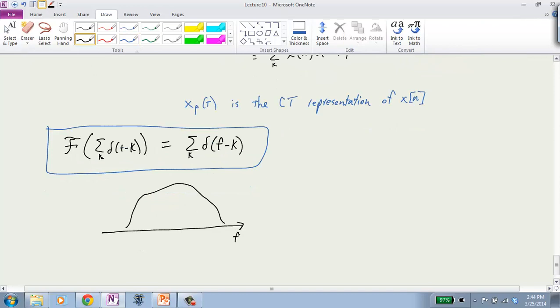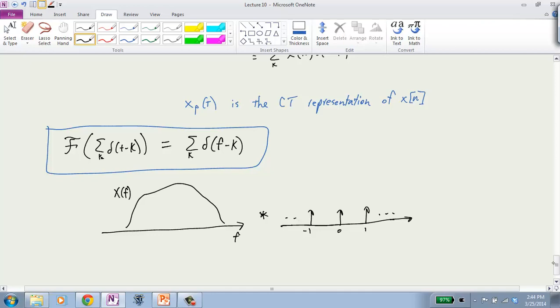This is our x of f. It's our continuous time signal's Fourier transform, and we are going to convolve it now with delta functions at 0, 1, minus 1, and so forth, in the frequency domain. Well, this should be easy enough. It's not as easy as multiplication, but it's convolution with delta functions.